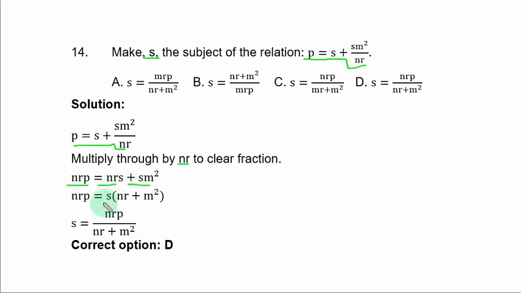From the right hand side, factor out S. So you have N arrow P equal to S bracket open N arrow minus M squared bracket close. To get S, divide both sides by the term in the bracket, and you have S equal to N arrow P over N arrow plus M squared. D is the correct option.